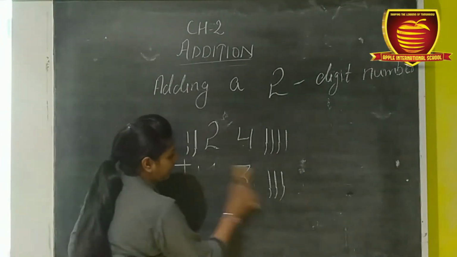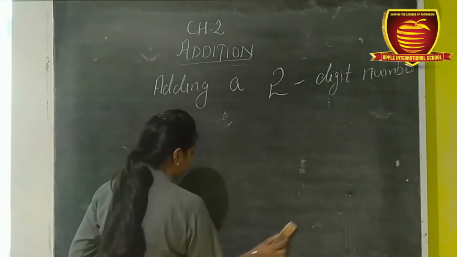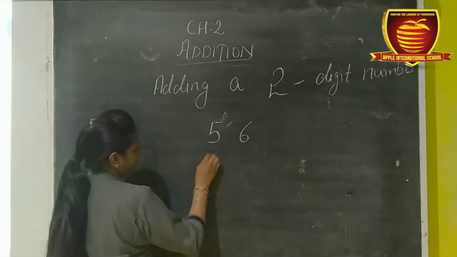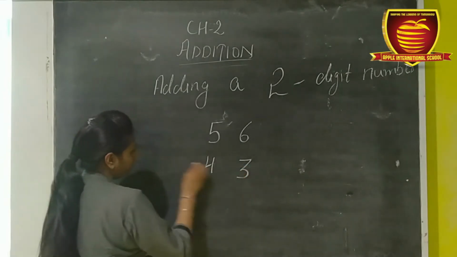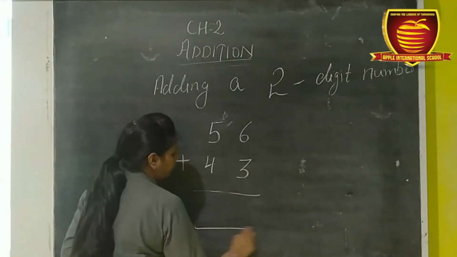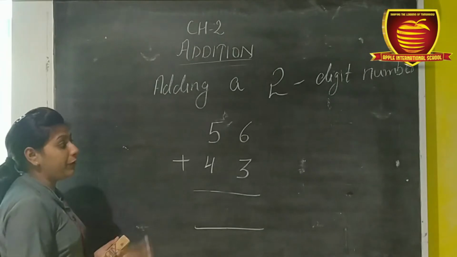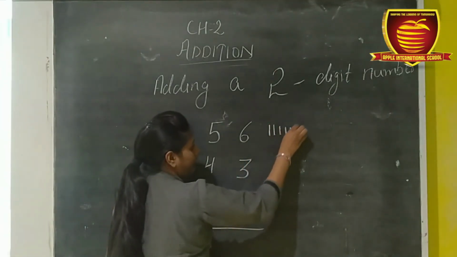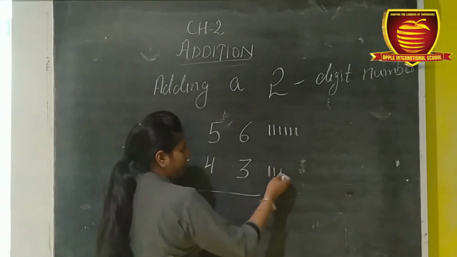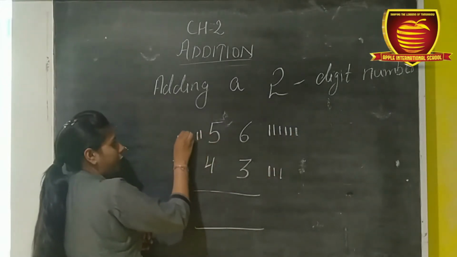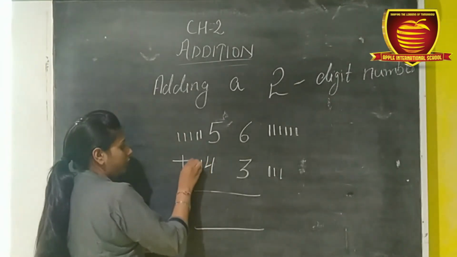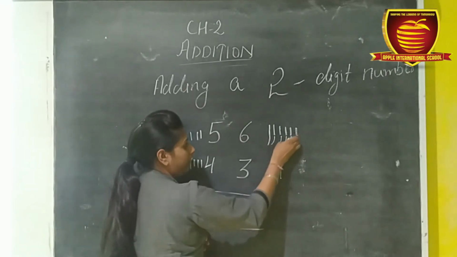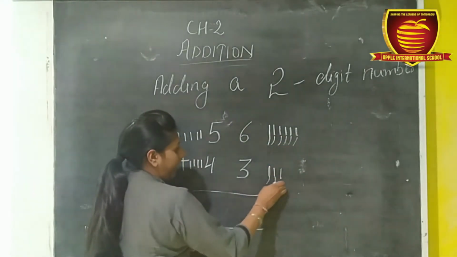Now we will do one more example of 2-digit addition. Suppose we have to add 43 to 56. Draw lines 1, 2, 3, 4, 5, 6. 1, 2, 3. 1, 2, 3, 4, 5. 1, 2, 3, 4. Now 1, 2, 3, 4, 5, 6, 7, 8, 9.